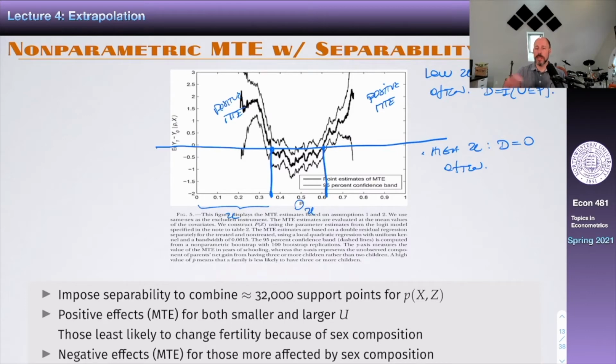Okay, regardless again of whether the first two had the same sex or not. And then you grab the people in the middle that are roughly those that are affected by the instrument. Okay. And it happens to be that those individuals have a negative marginal treatment effect.